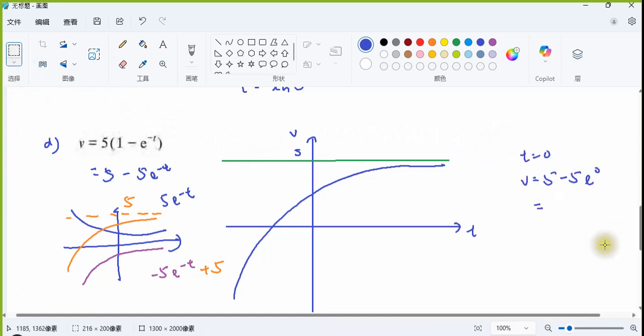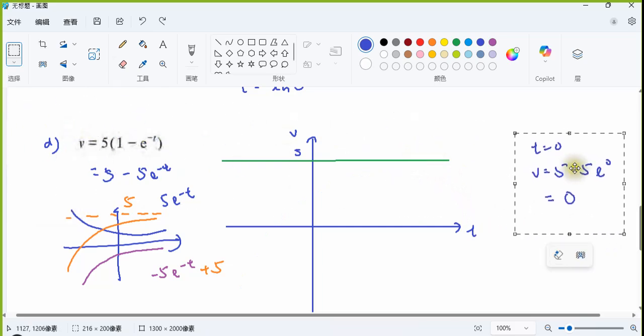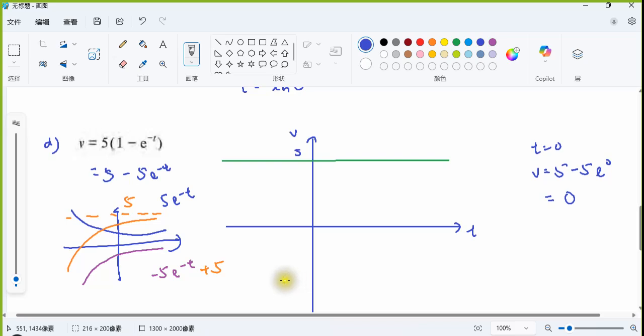It should be, we know that when t equal to 0, it is 0. So the graph will be like this. And then we no need to draw the negative part, because the time will always be greater than 0. So 5 times 1 minus e to the power negative t.